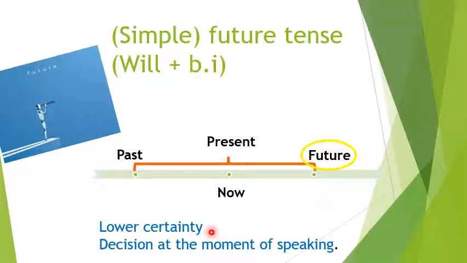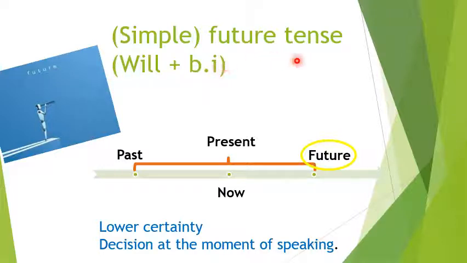No. Okay, sometimes you just make the decision at the moment of speaking. You just want to go there, but you haven't actually saved enough money or you haven't actually bought the ticket yet. Okay, so in that case, if we have lower certainty and if we make the decision at the moment of speaking, then we use will.